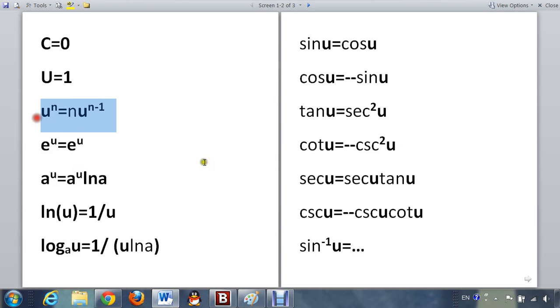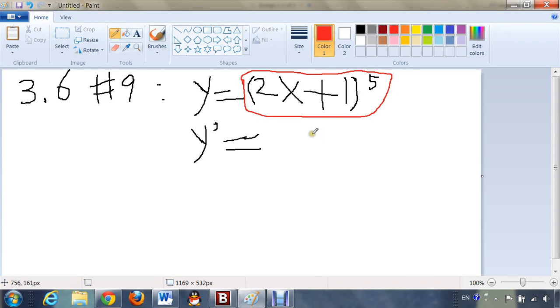So now let's use this rule. The derivative of something to the power is just bring down the power times that something to the power minus 1. So that will be 5 times 2x plus 1 to the 4th.